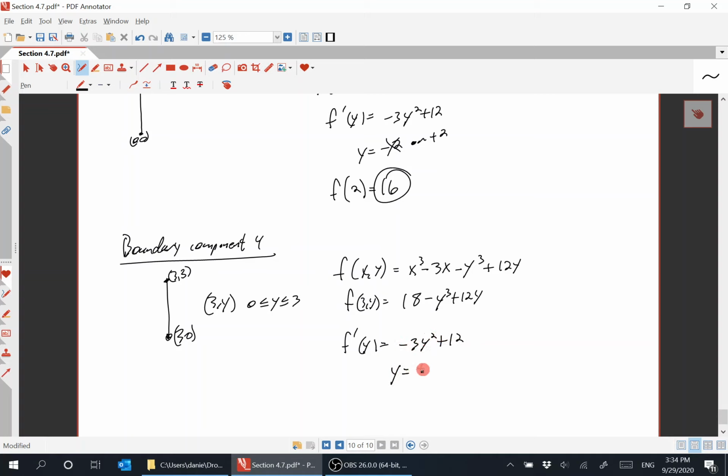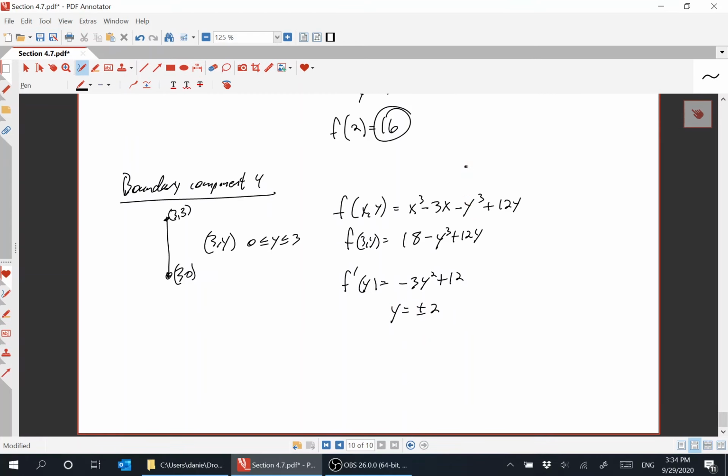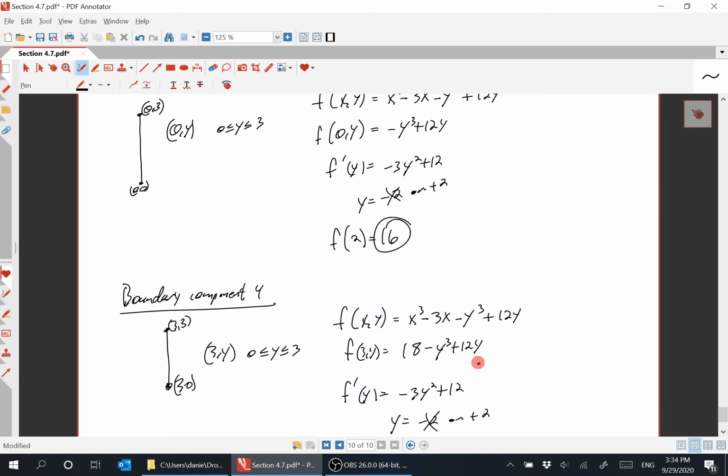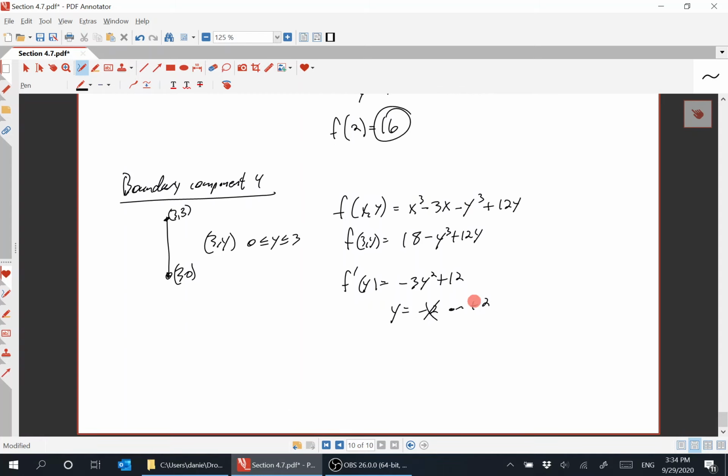So again, y is equal to plus or minus 2. The minus 2 doesn't count, so now we just check the critical point. So f of 2 is equal to 18 minus 8 plus 24. So that is 34. 42 minus 8 is 34.